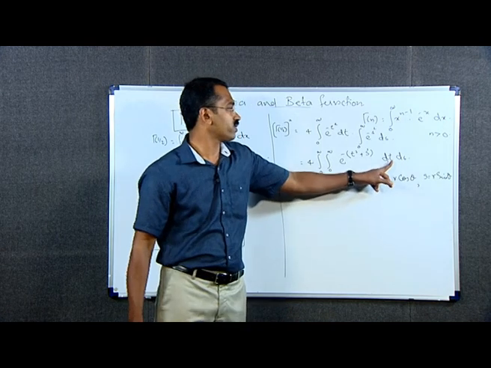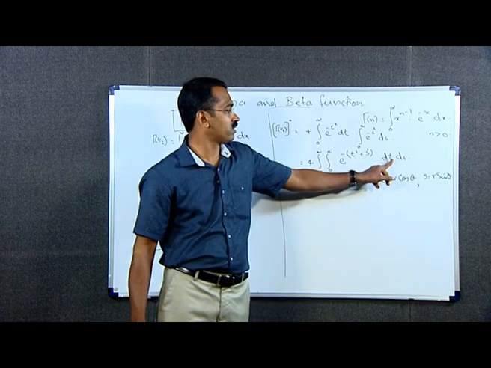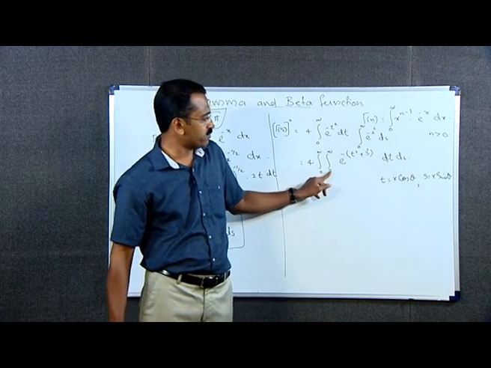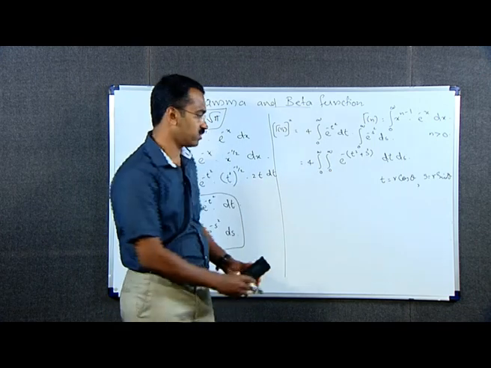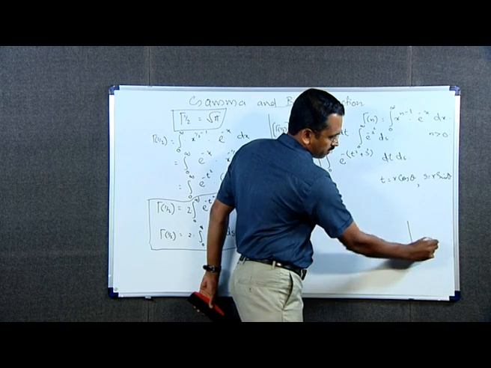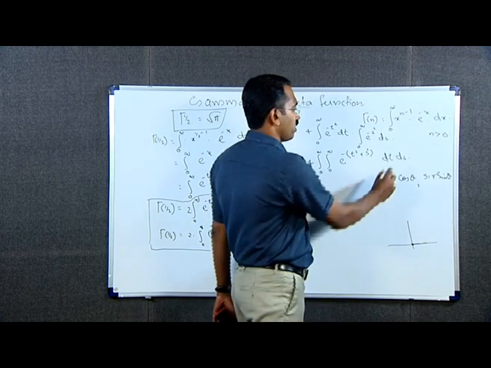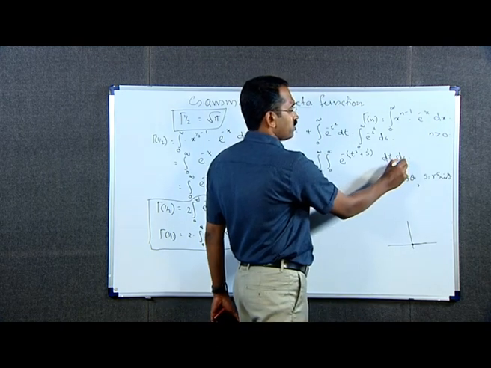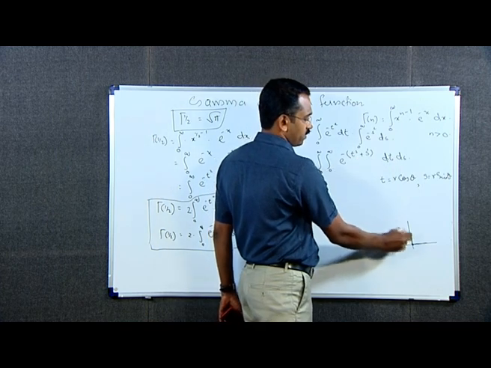Here variation of t is from 0 to infinity. That means 0 to infinity means the positive side. For s also 0 to infinity.